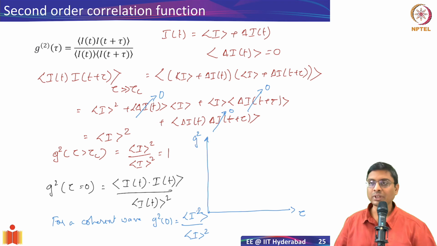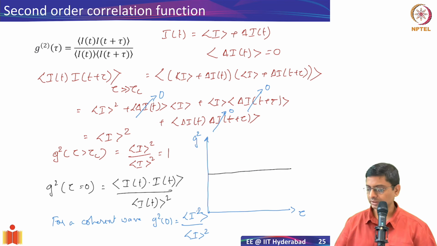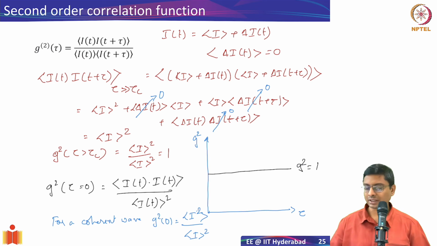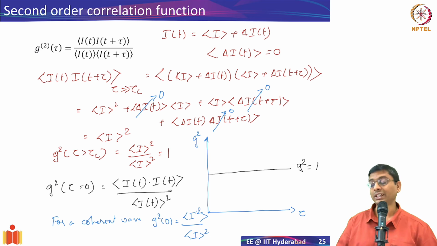So you'll end up with G2 equal to 1 all through. That means at tau larger than the coherence time we have 1, but even at tau equal to 0, you still have G2 of 1.